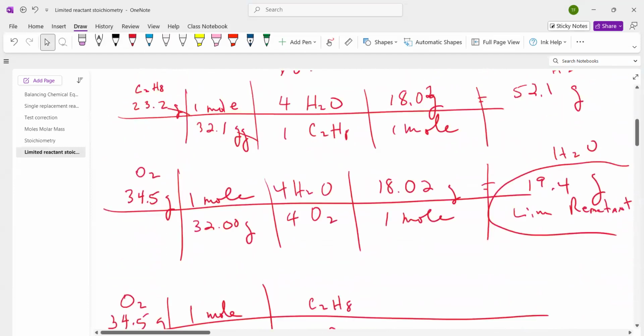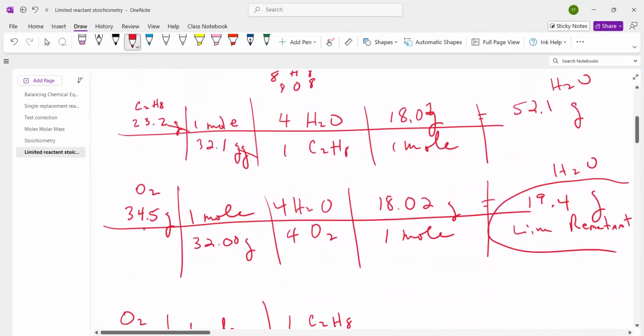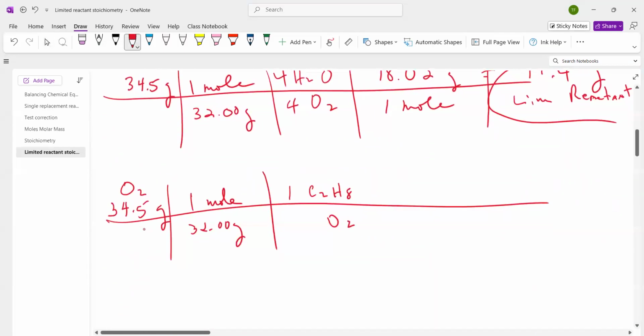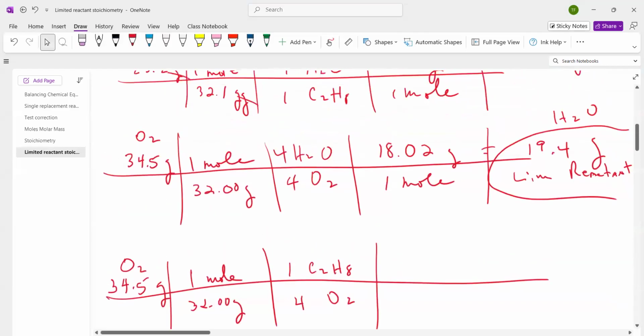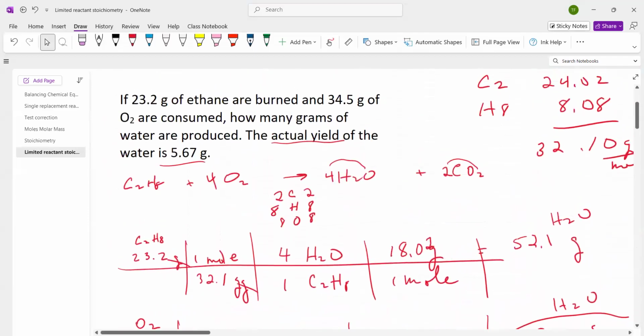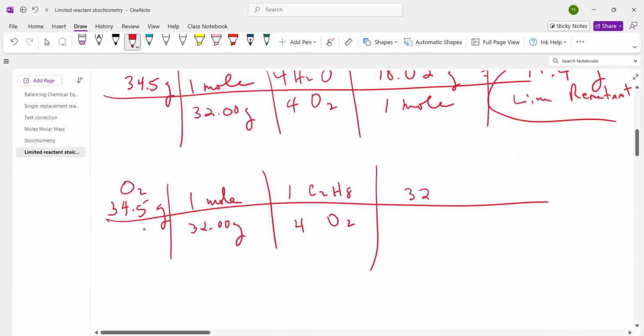And this ratio to ethane is 2, and to oxygen it is 7. And then molar mass for ethane is 30.10. Now, this is going to be how much ethane is used with the given amount of oxygen. And this will be excess ethane.